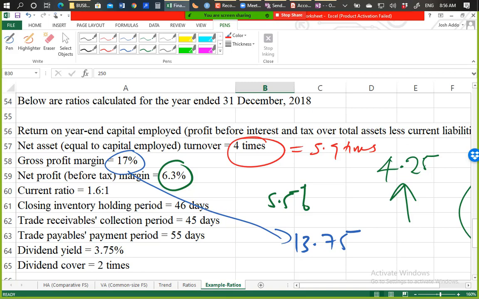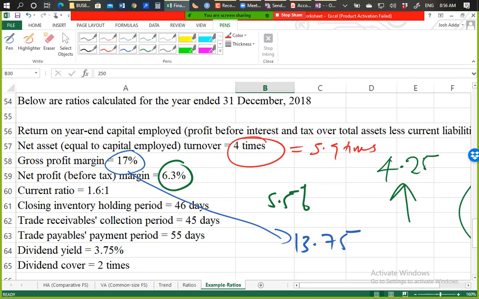Wow. So 46 days reduced to 26 days. I think the company is doing well in terms of improving that efficiency. It has reduced the days from 46 days to 26 days, and you can compute the difference in the days and add it to your commentary.